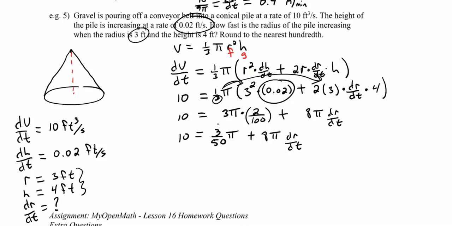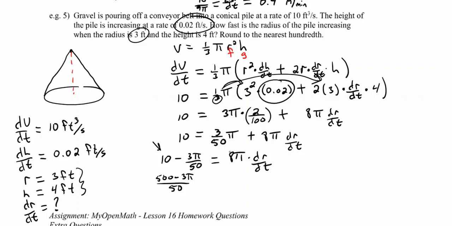I'll bring this term over to the left side, so that's 10 minus 3 pi over 50 is equal to 8 pi times dr/dt. Now I'm going to rewrite this one with a common denominator, multiplying the 10 by 50 over 50, so that would be 500 minus 3 pi all over 50.